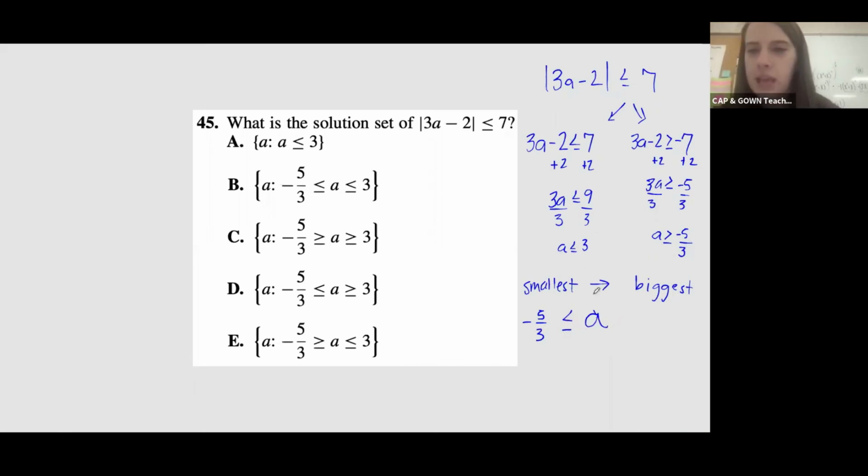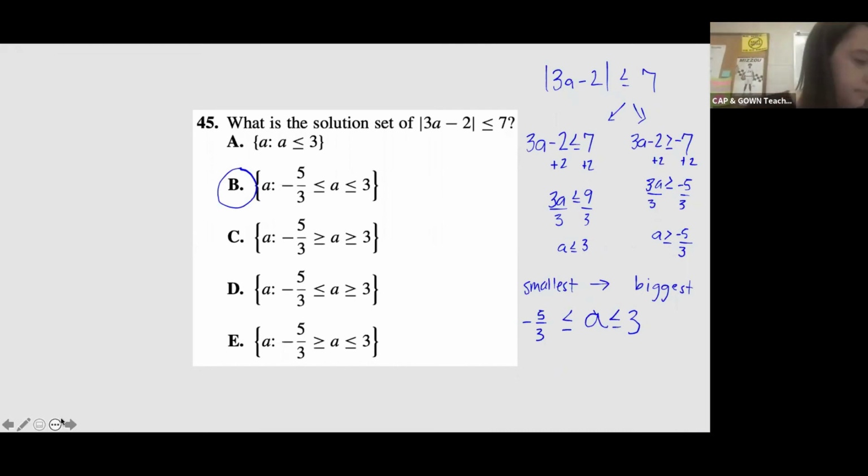And then this one will stay less than or equal to 3. Be doubly, triply careful with picking your answer, because they all look the same and you're already going fast to try to beat the time, but it's okay.